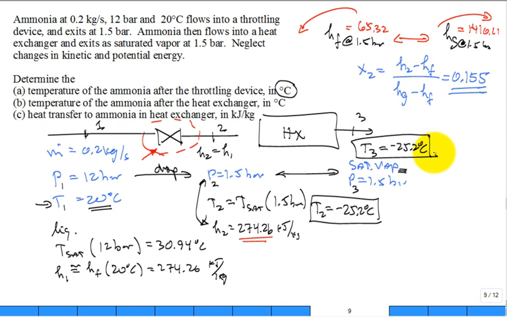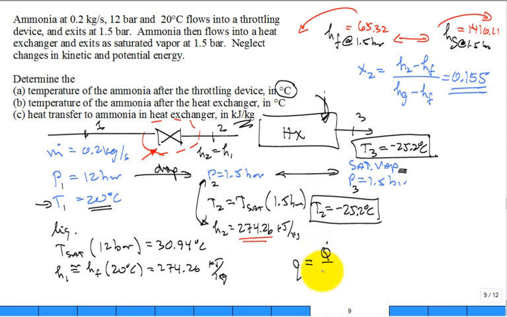Answer for part B. And what is the heat transfer to the ammonia in the heat exchanger? And look at the units they have, kilojoules per kilogram. They're asking you to calculate Q dot per M dot of the refrigerant, which is, let me draw it down here. Lowercase q is a symbol often used for that.